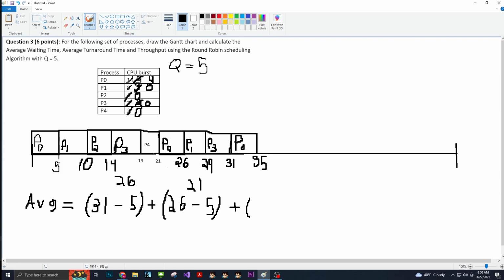And then P2, that just executed as normal. When it first came onto the scene, it started at... Hold on, let's check that. Yeah, I think we straight up just do it like whatever it starts at. So P2 started at... Where did it start running? So it started running at 10. So we put it for 10. Okay.